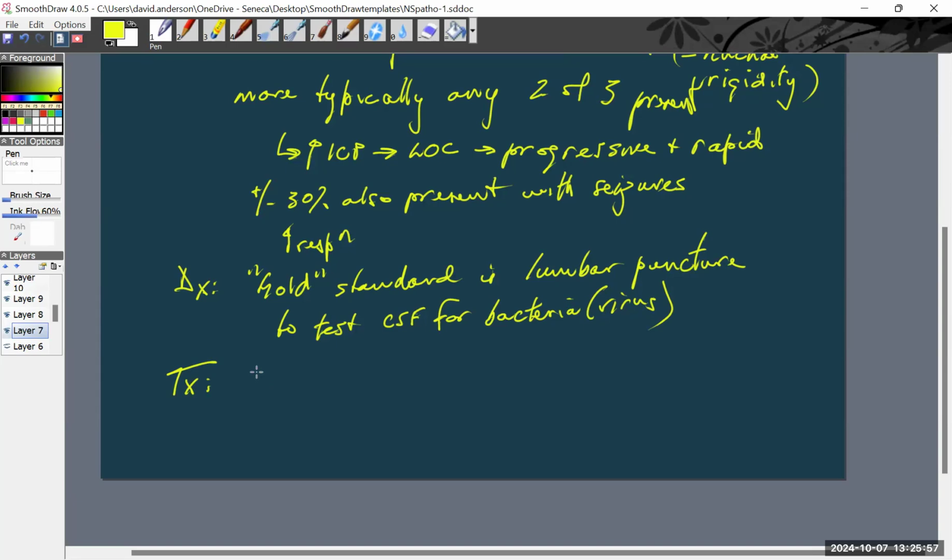Okay, it's imperative that the diagnosis and the treatment must be fast. And that's to prevent the poor prognosis.